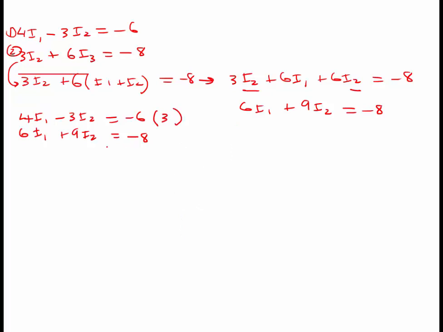If we multiply everything by 3, we can actually use the process of elimination. So this becomes 12 times I1 minus 9 times I2, and this equals minus 18.